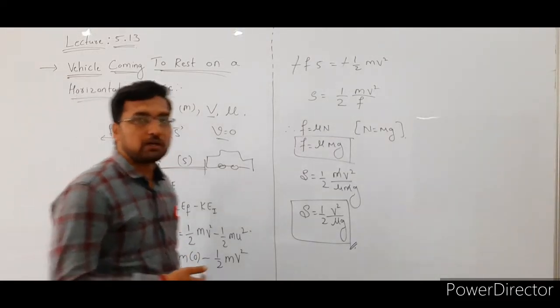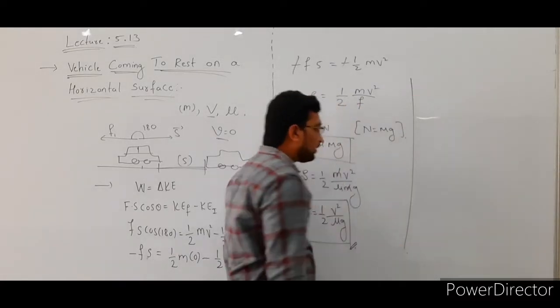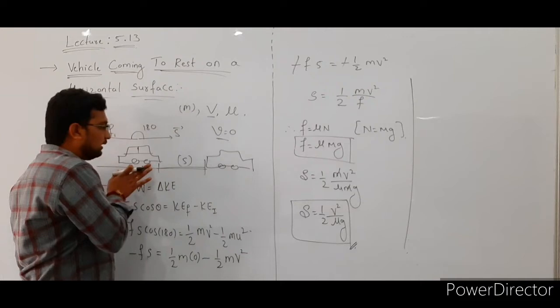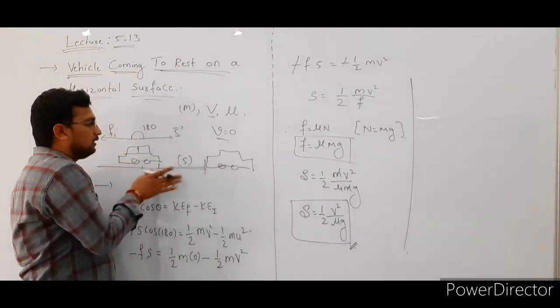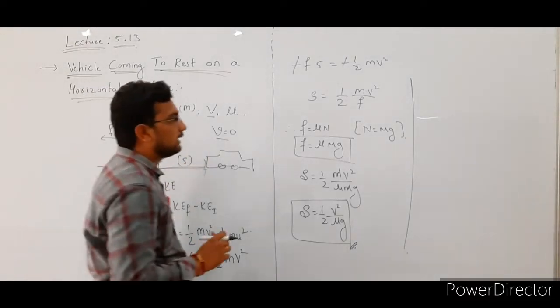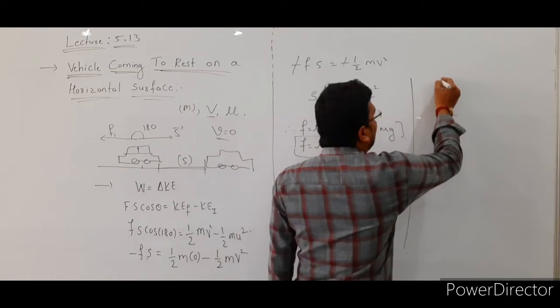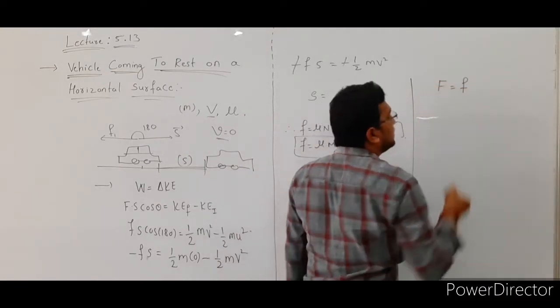Okay, see here, one more method to calculate the stopping distance. In this case the vehicle is initially moving with some velocity v. After the driver applies the brake, it comes to rest. In that case the net force acting on the system is equal to the friction force.